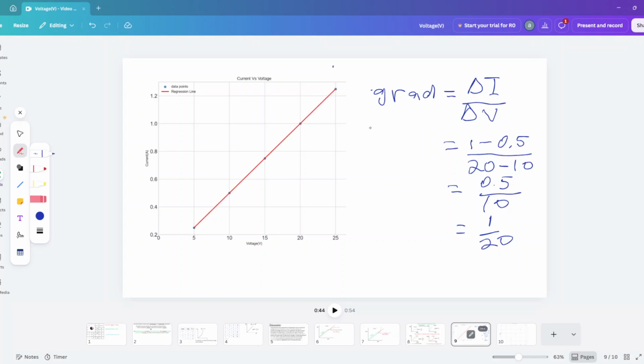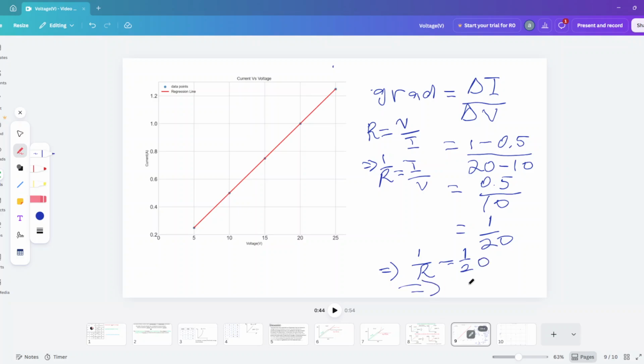We note that from Ohm's law, if you look at I over V, it looks similar to this equation. R is equal to V over I. So from here we deduce that 1 over R is equal to I over V. So this 1 over 20 implies that it is 1 over R. So 1 over R is equal to 1 over 20.